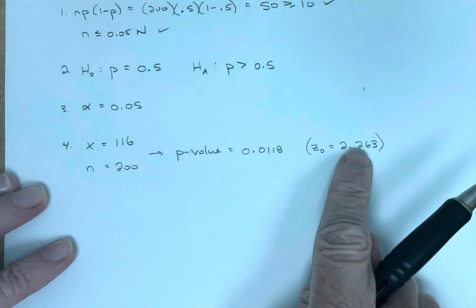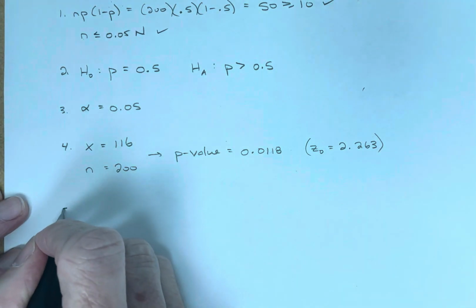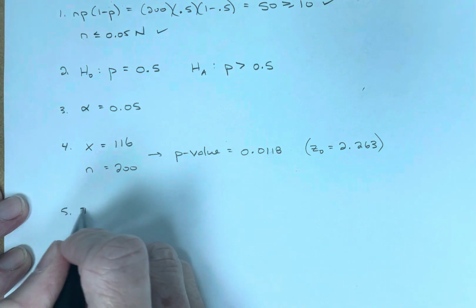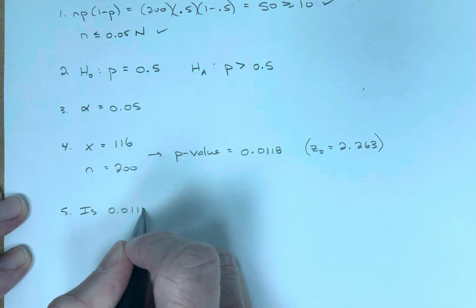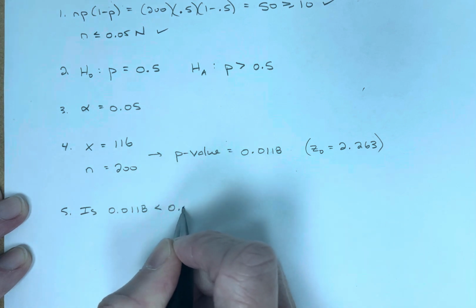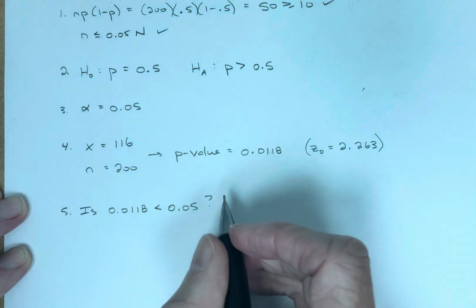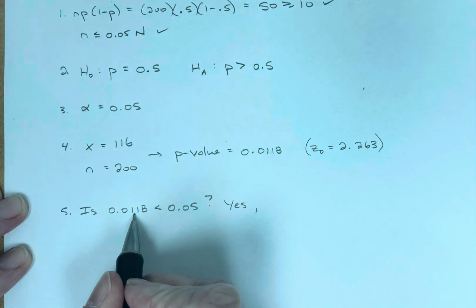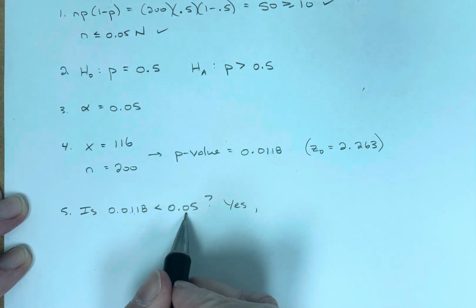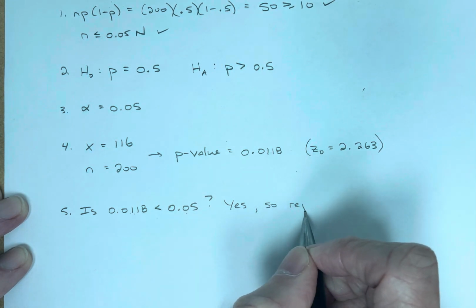The z-chart would make use of this, but we're letting StatCrunch do it for us. Step 5, is this unusual? Is our p-value less than our level of significance? Yes, it is unusual, so we reject the null. If the p-value is low, in this case below the level of significance, the null must go. So reject the null.